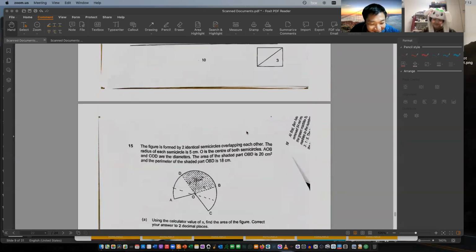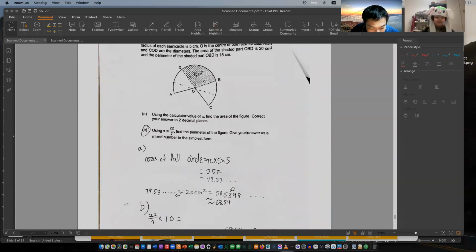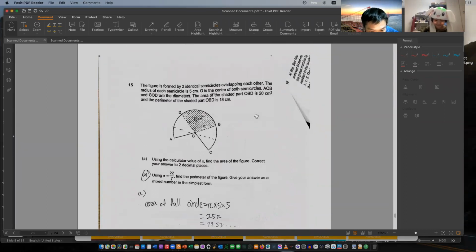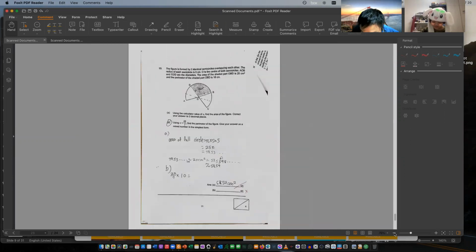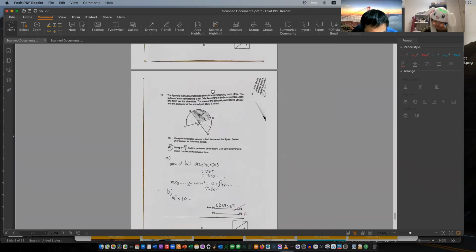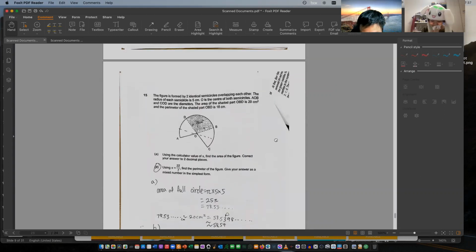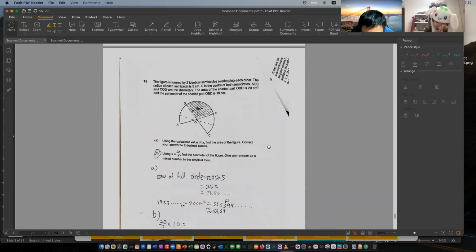Okay, good. Next question. This question is about strategy also. Okay, question 15. Question 15, part B is about strategy. So let's talk about the strategy: how we find out what the strategy is for question 15. I think this one I know how to do.